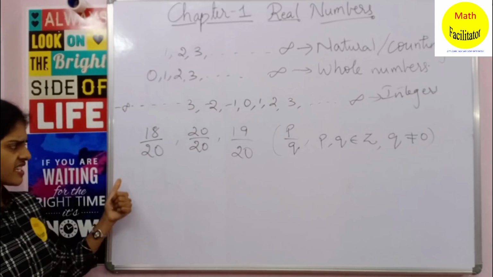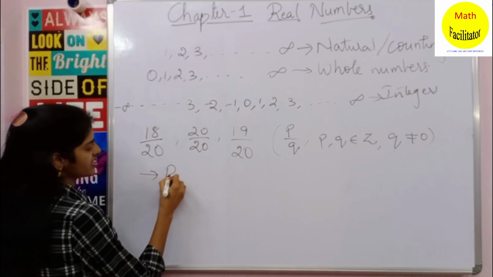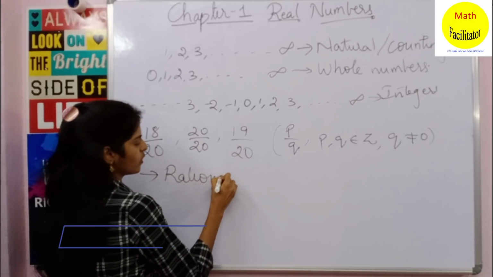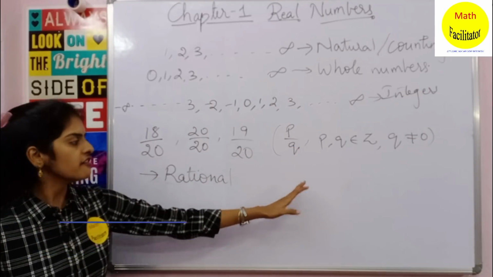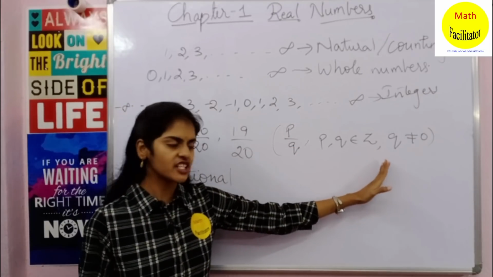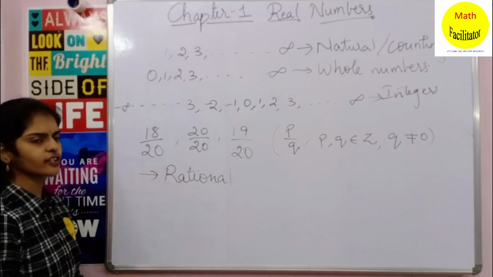Such numbers are called rational numbers. Clear? So rational numbers are numbers which are in the form of p by q, where p and q belong to integers and q should not be equal to 0. Then these numbers are called rational numbers.